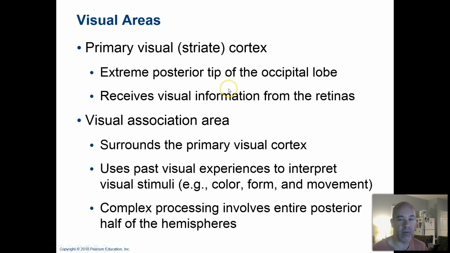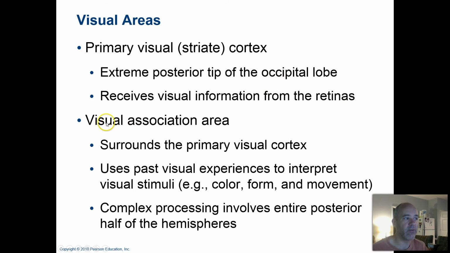So the neurons there that deal with detecting light and different colors of light and so forth generate action potentials that wind up heading backwards through your optic nerves, which, remember, crisscross in that optic chiasma at the sella turcica, and head backwards towards the extreme posterior tip of the occipital lobe. That's where your primary visual cortex is located.